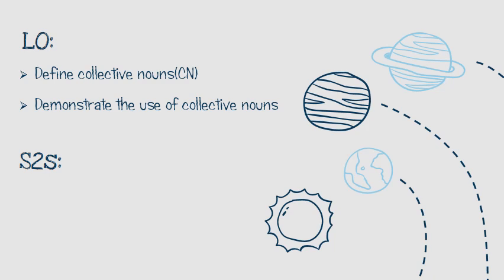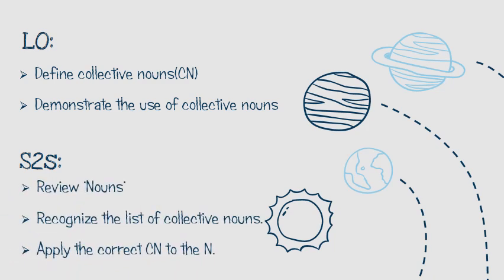How are you going to achieve that? Number 1, you're going to review your nouns. I really hope that everybody still remember what is nouns. And you need to recognize the list of collective nouns, and you need to apply the correct collective noun to the nouns.